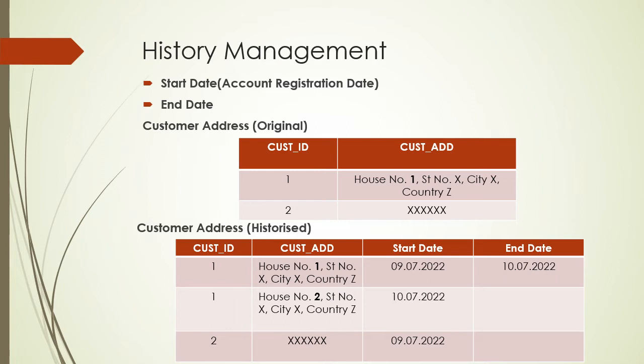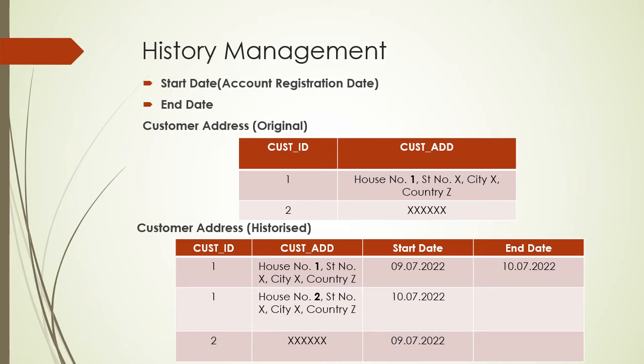You will maintain the history that he or she has been living in house number one before they moved to house number two. So how would they do this? They create this record with a set start date and an end date. The thing to notice is that the house number two record has been created with an end date of null.